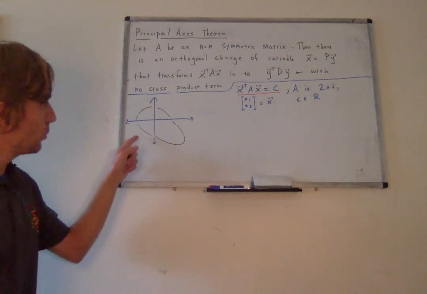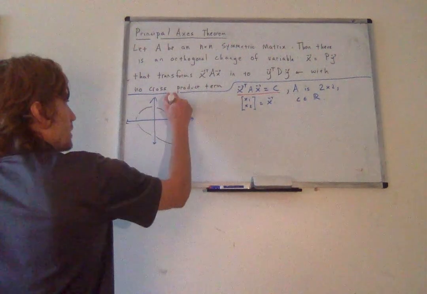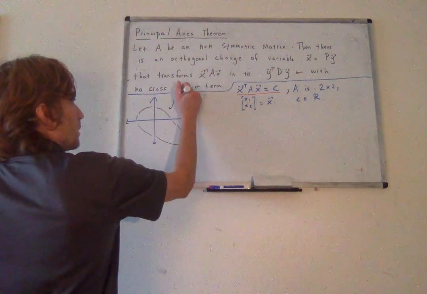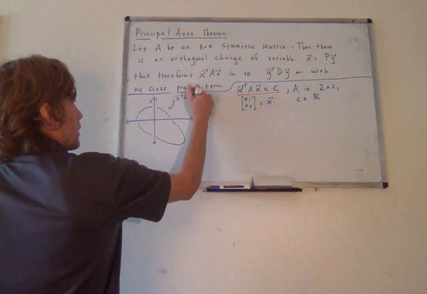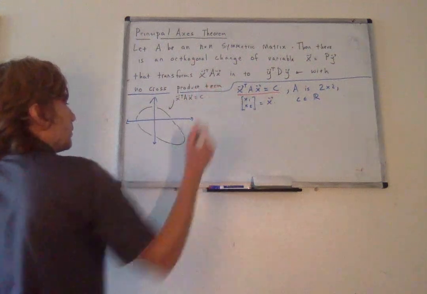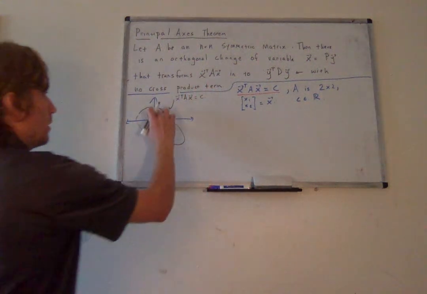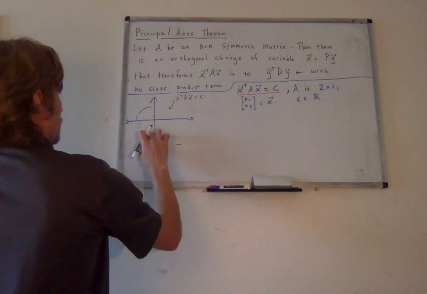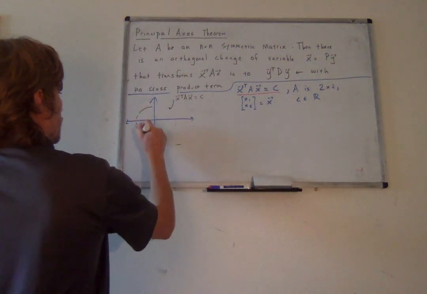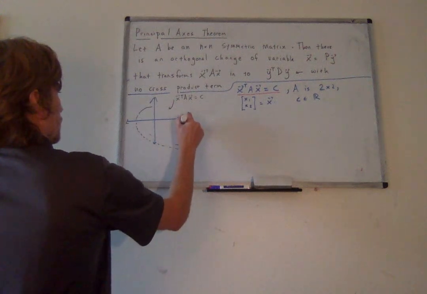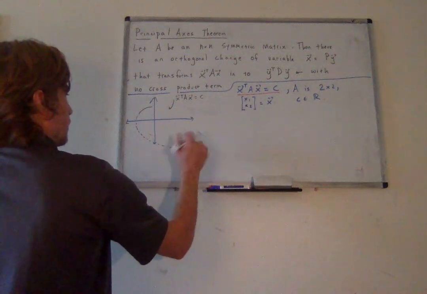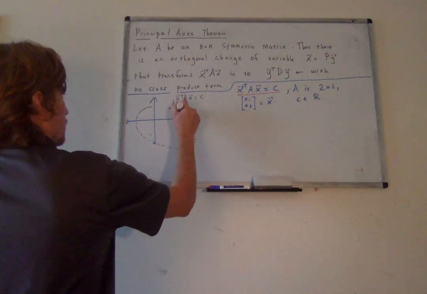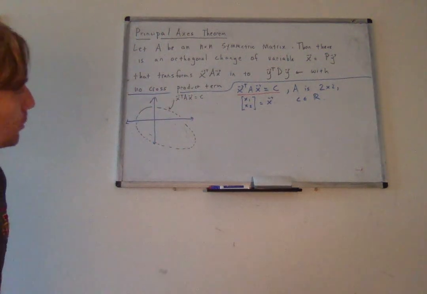It corresponds to an ellipse in the plane, right? So this is actually defined by the function x transpose AX is equal to C. Let's see if I can make this a little more ellipse-like. That's maybe a little more ellipse-like.